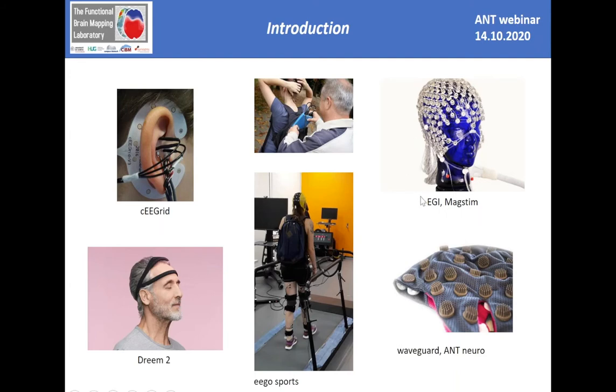Here I show two examples from EGI, but also the waveguard from A&T. And those you can use for rather basic research to answer your scientific questions. So what I want to state with this slide is, depending on your application or depending on your research question, you could pick the right system, either fully applications, something intermediate like clinical or field research, or basic research. Depending on that, it is wise to choose the right system, right?